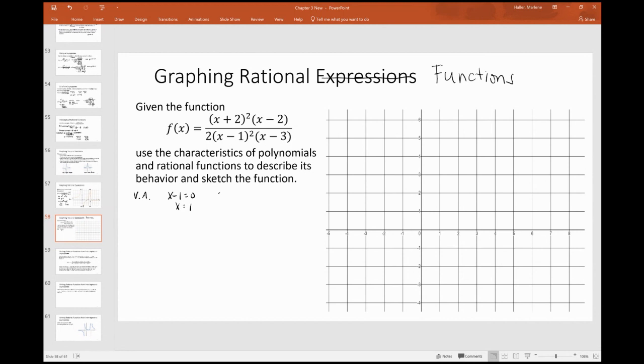We also have a factor of x minus 3. So that means x equals 3 is a second vertical asymptote. So I'd go ahead and sketch those right onto my graph. There's x equals 1, and there's x equals 3. This is a very good starting point for us, right?